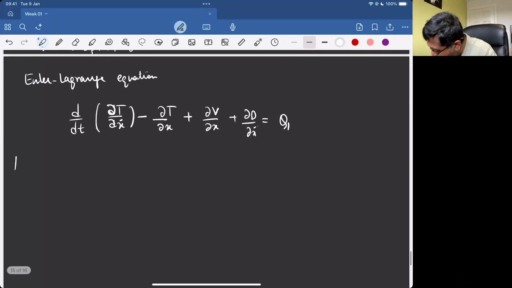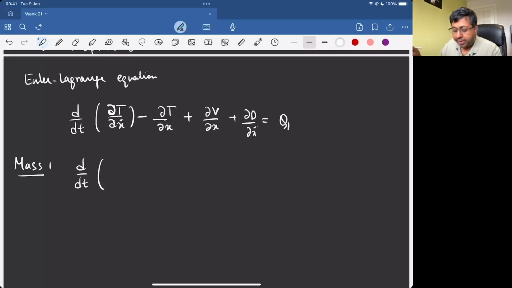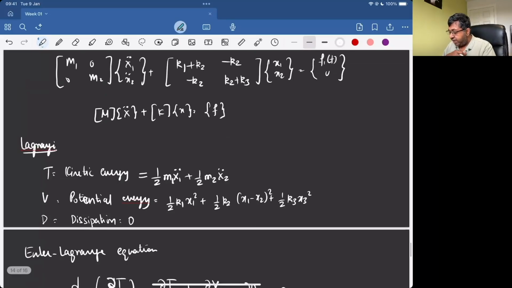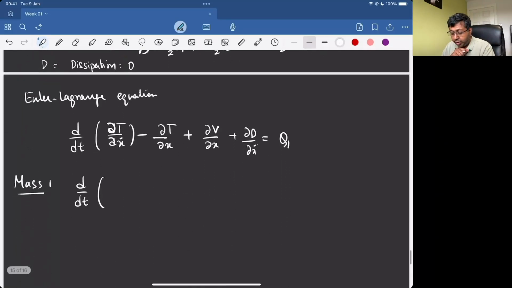Let's say we do it for mass 1. So we can say d by dt of dou T by dou x dot. Why dou here? Because T could be defined on both x and time. So if I take my kinetic energy and differentiate by x dot, then essentially I'm going to end up with m1 x1 dot. I don't have any relation with regard to x1 here, so this goes to 0.